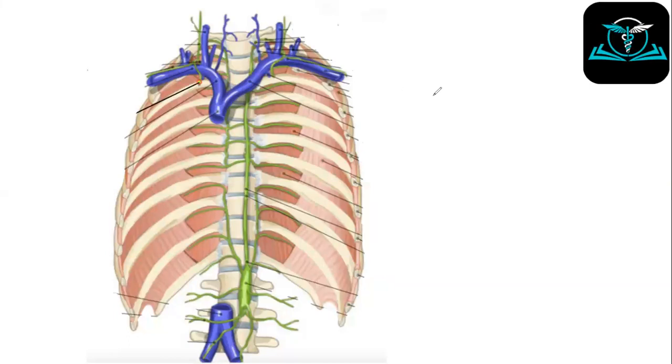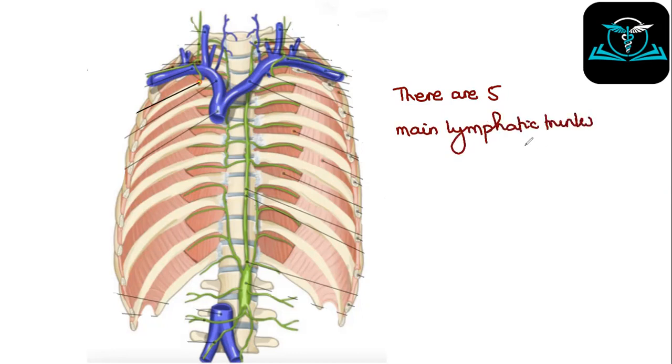Let me just give a general principle here that there are 5 main lymphatic trunks which are paired. It means that we have one on the right and then one on the left.